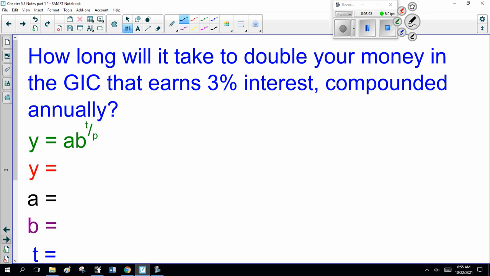How long will it take you to double your money in a GIC that earns 3% interest compounded annually? Right. So, double your money. Here, they're getting vague deliberately. How much are you starting with? All your money. How much are you doing to it? You're doubling it. So what is everything? 100%. You double it, you get 200%.